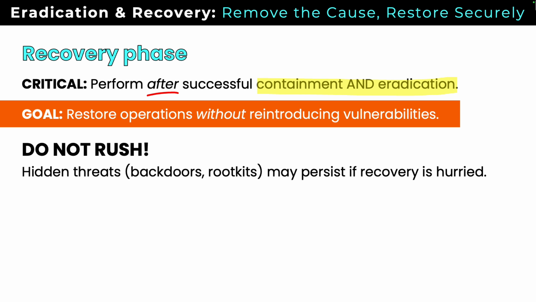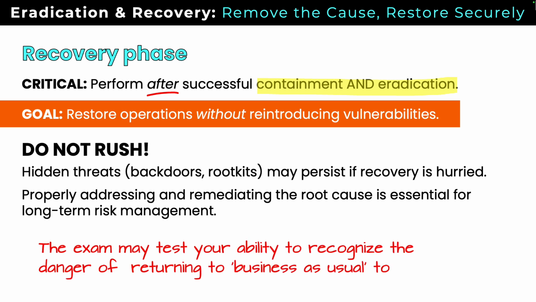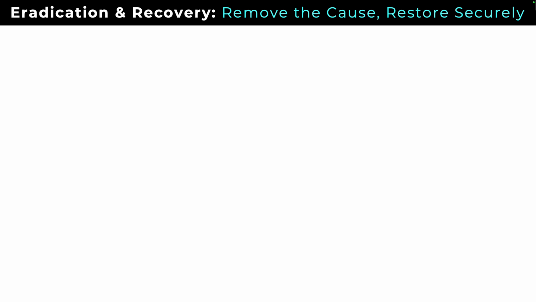Hidden threats like backdoors and rootkits may persist if our recovery is rushed. Properly addressing and remediating the root cause is going to be essential for long-term risk management. So before returning to business as usual, we need to make absolutely sure we have eliminated that root cause. And the exam might actually test your ability to recognize the danger of returning to business as usual too quickly. So be on the lookout for that.